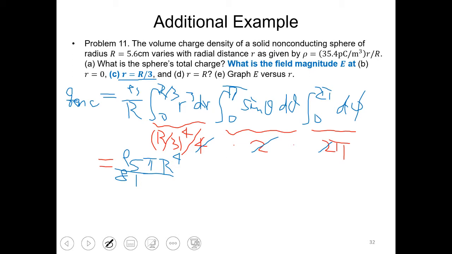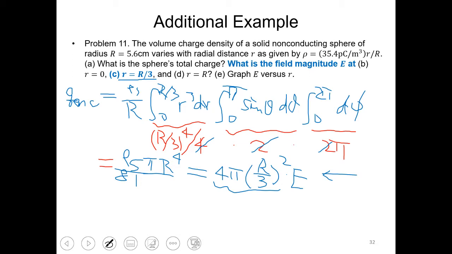So this Q will be equal to 4 pi r squared times E, where r is R over 3. This is the surface area of the sphere, times the E, so this is Gauss's law.